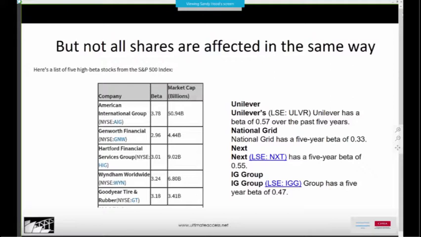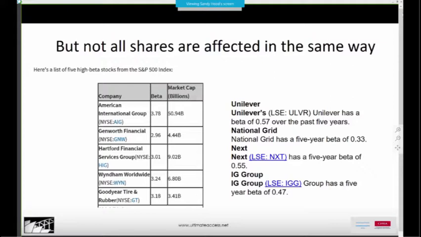So if there is something such as a change in government policy, this sort of systematic risk that you can't do anything about, then the likelihood is that they are going to have a greater reaction to it than, say, another company that doesn't.